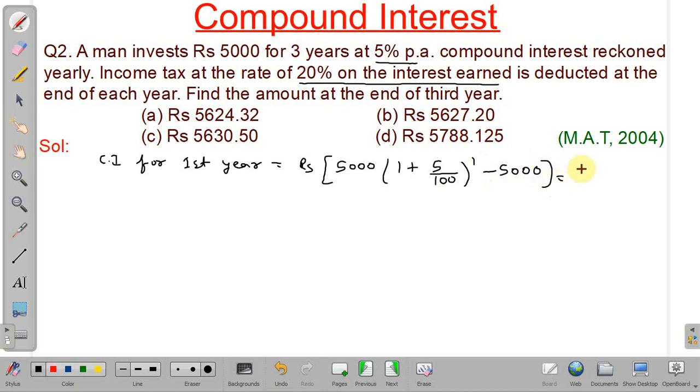So we will get this as rupees 250. So this is the compound interest during first year, on which 20% will be deducted.